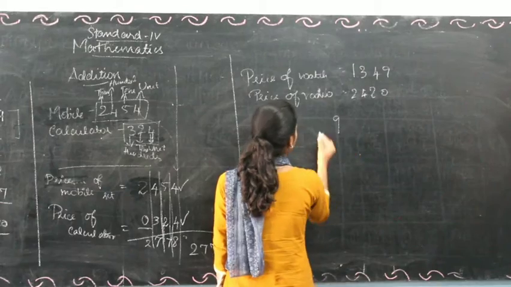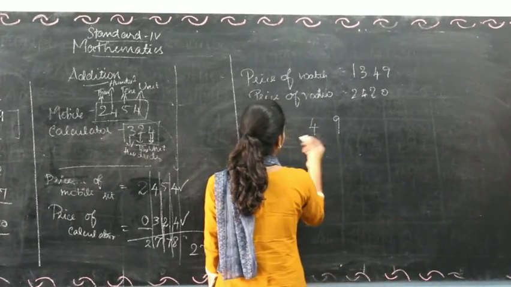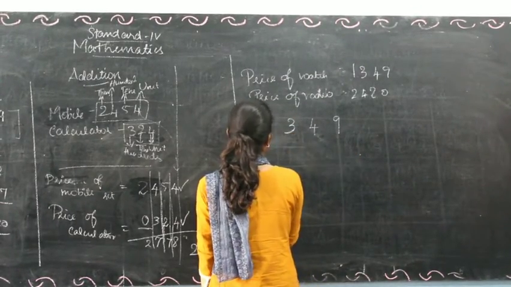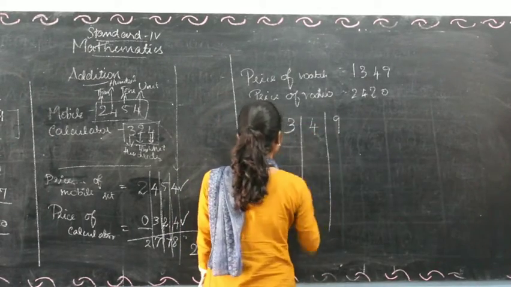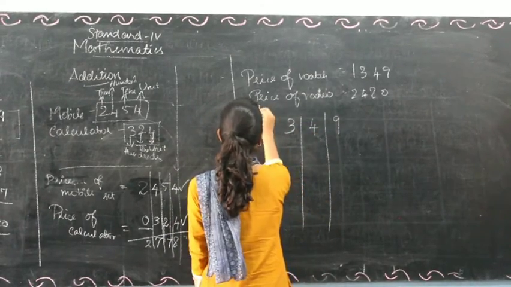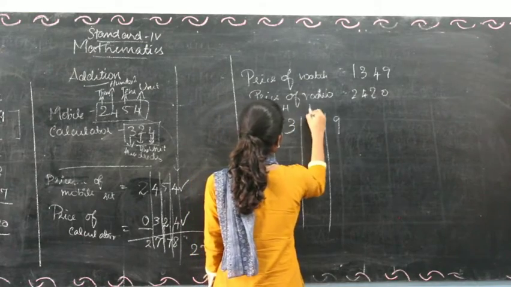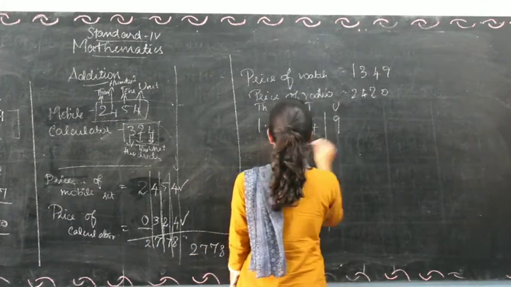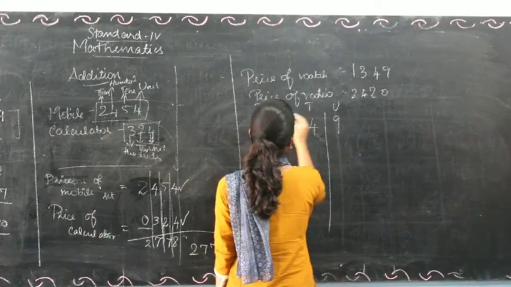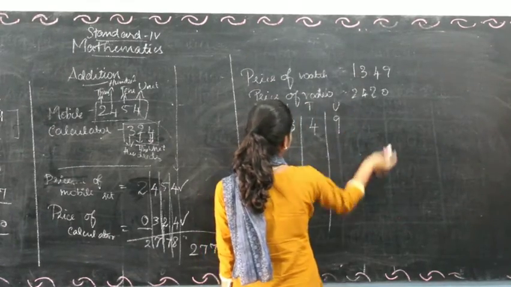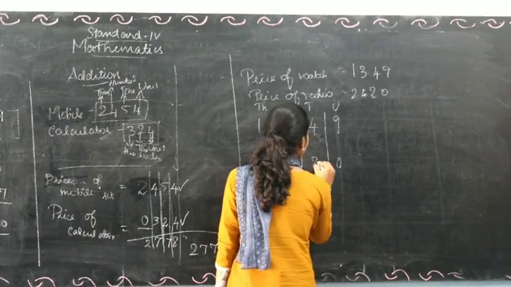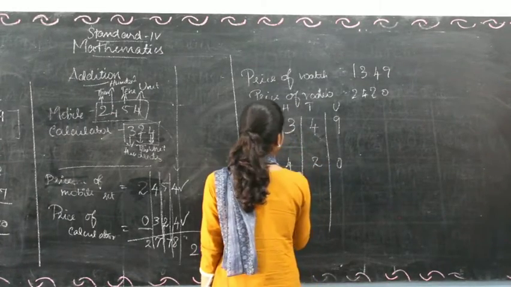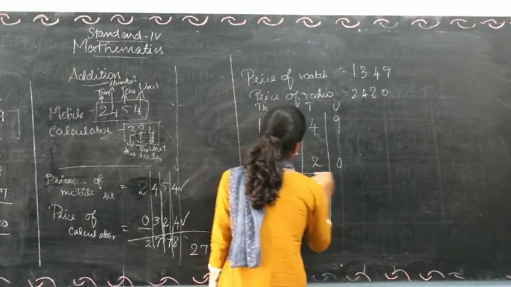9 is the unit, 4 is the tens, 3 is the hundred, and 1 is the thousand. Same way we'll write price of the radio too. 0 is the unit, 2 is the tens, 4 is the hundreds, and 2 is the thousands.